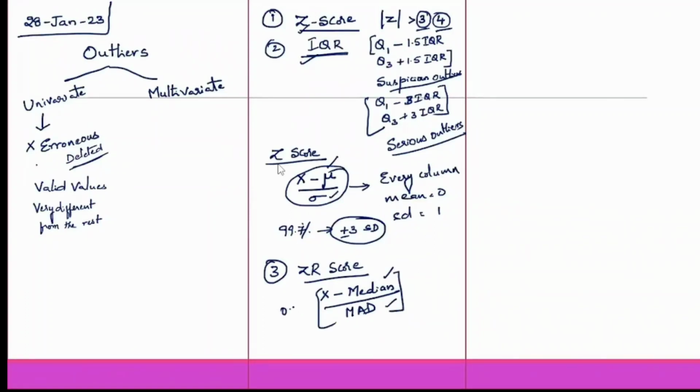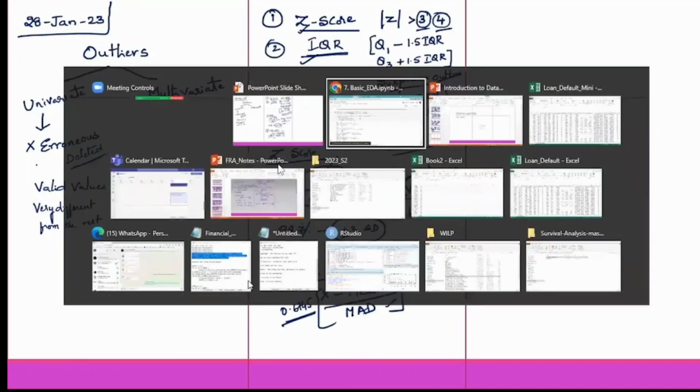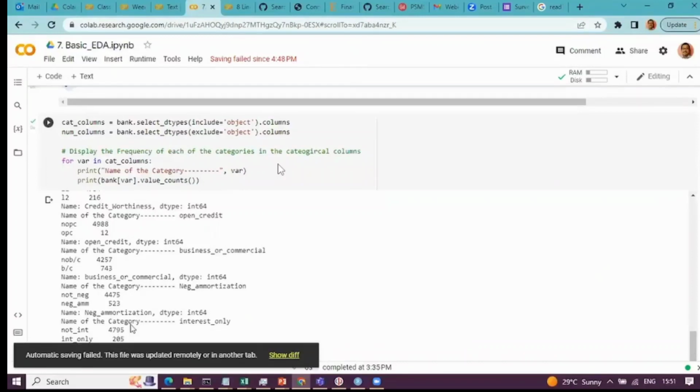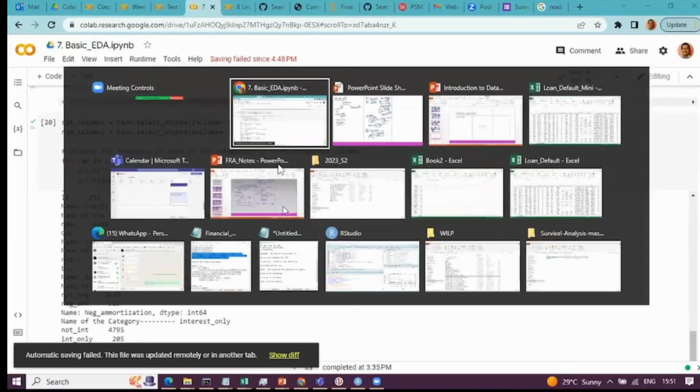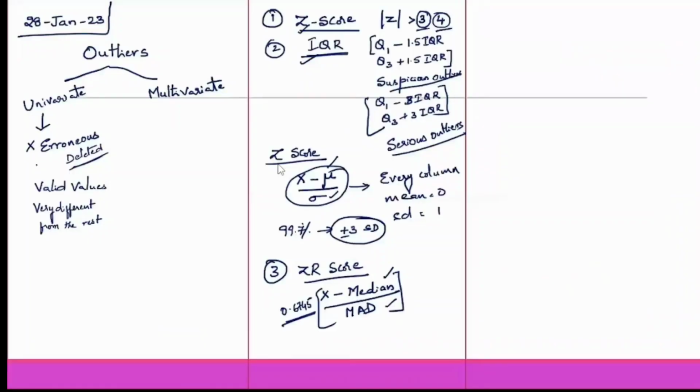This is multiplied by a constant 0.6745, which is approximately equivalent to 2 by 3. That is what is called the ZR score, and based on that, if the modulus of the ZR score is, let's say, more than 4 or something, I will call it an outlier. So these are the different versions of outlier identification that you can do, right?